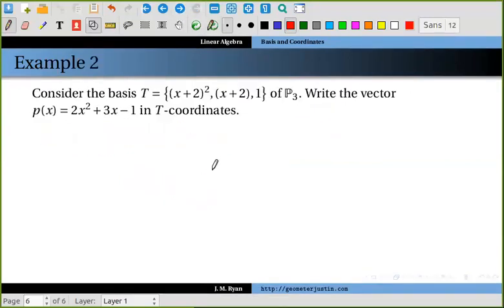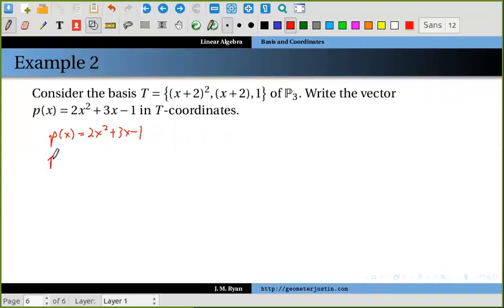In the last example on this slide, we're going to consider this basis T of P3. It's called T because you could think of it as a Taylor series basis. We want to rewrite this vector P in terms of these T coordinates. There are many ways to do this. The way I'll do it is to apply the definition of the Taylor series to this function P of x, which is 2x squared plus 3x minus 1.